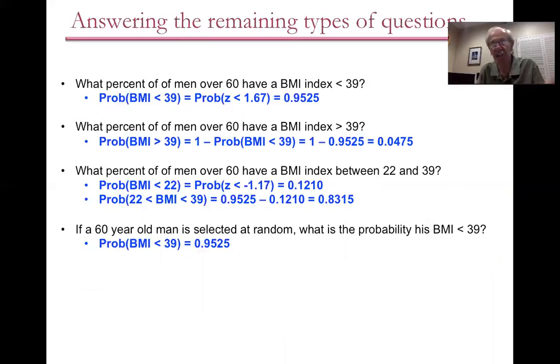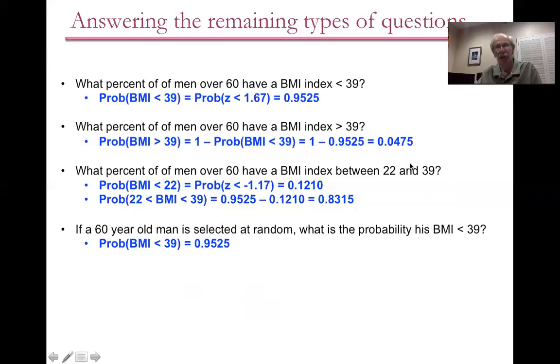So they sum to 1. Greater than 39 is 1 minus 0.95. And so that means about 5% of the BMIs are greater than 39.